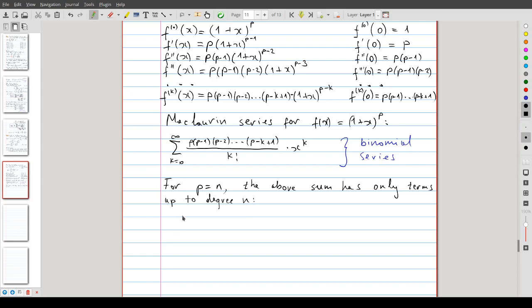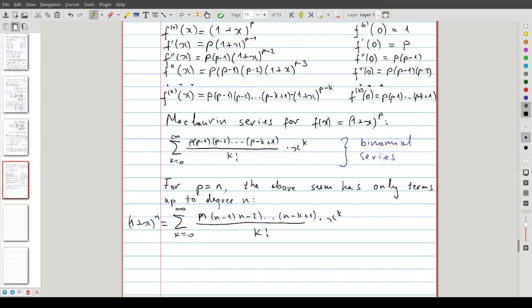So this sum will be n, n minus 1, n minus 2, and so on, times n minus k plus 1 over k factorial times x to the k. And so this is the expression we will have for 1 plus x to the n.